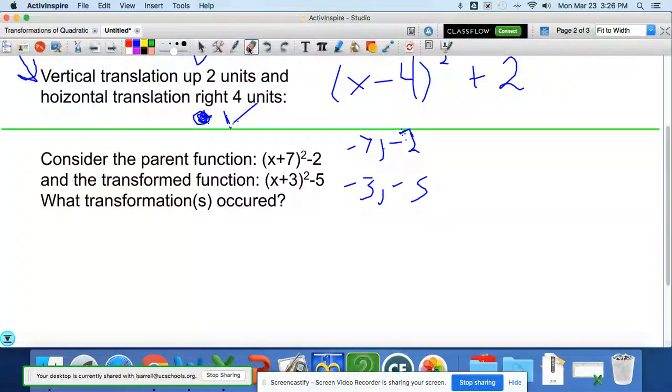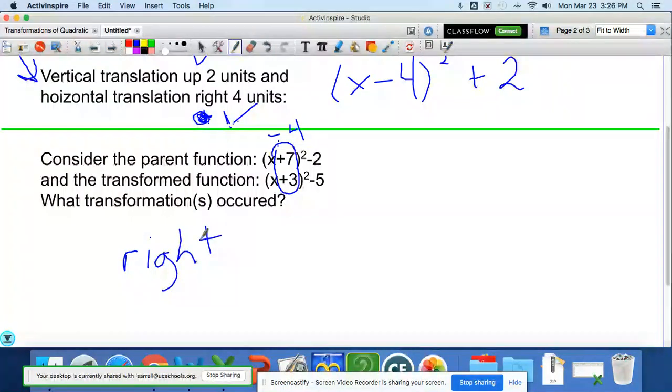If you want to do it like that, you can then just tell me how the vertex moved, or we can use these new rules that we have. So let's talk about what happened. Inside the parentheses, we went -4. So we went from +7 to +3. That's subtracting 4, and subtracting 4 inside the parentheses means we went right 4.